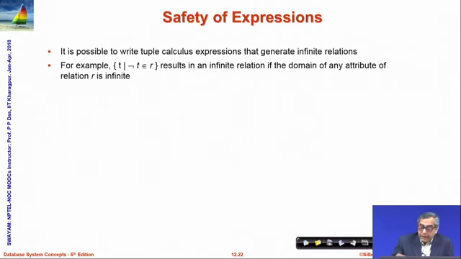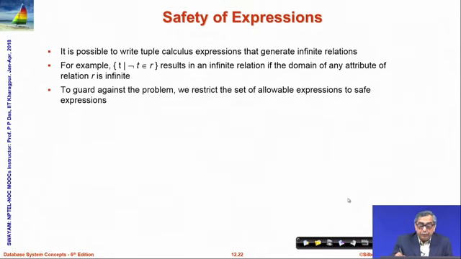For example, if I write simply that R is a relation, and I write this predicate: not of T belongs to R, which is basically the complement set of R. Now, the complement set of R potentially may be infinite if the domain is infinite. So, such tuple relational expressions are not acceptable as a part of the design.